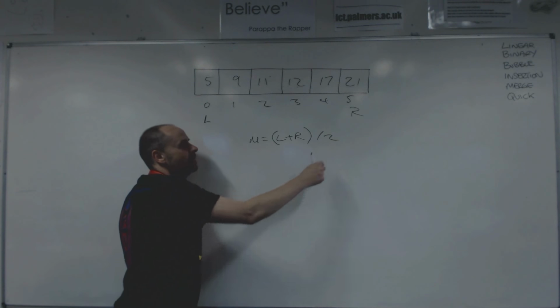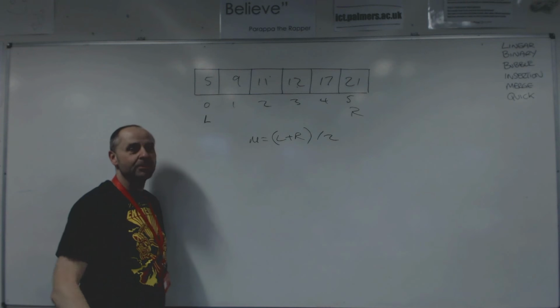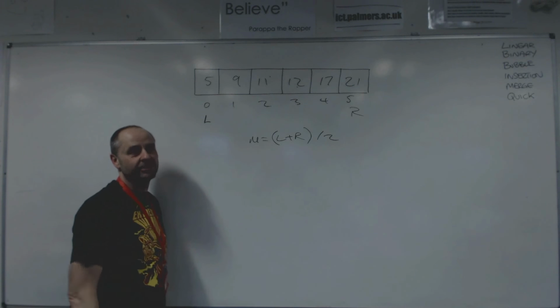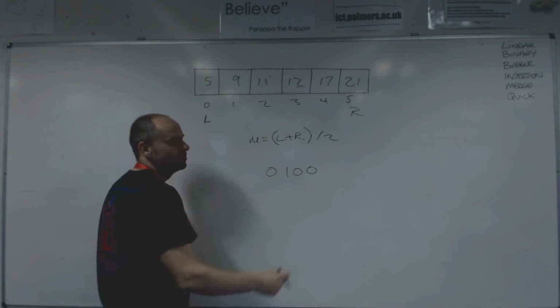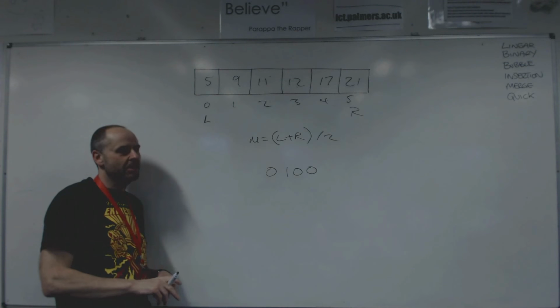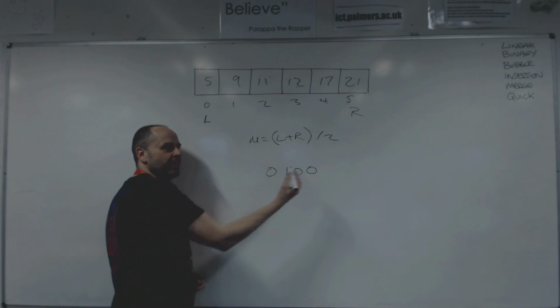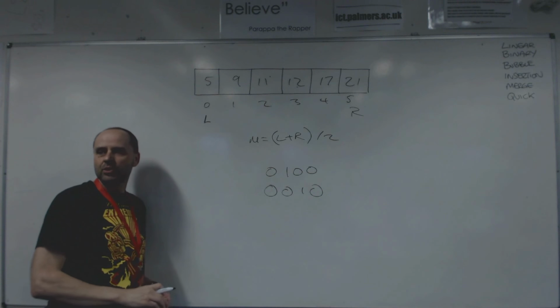Luckily, inside a CPU, dividing by 2 is another super quick operation. It's actually just a shift. If you shift the bits to the right, so if we had a bit of binary, what number is that? It's just an unsigned number, 4. Everyone happy it's 4? If I shift it one position, what number do I get? 2.